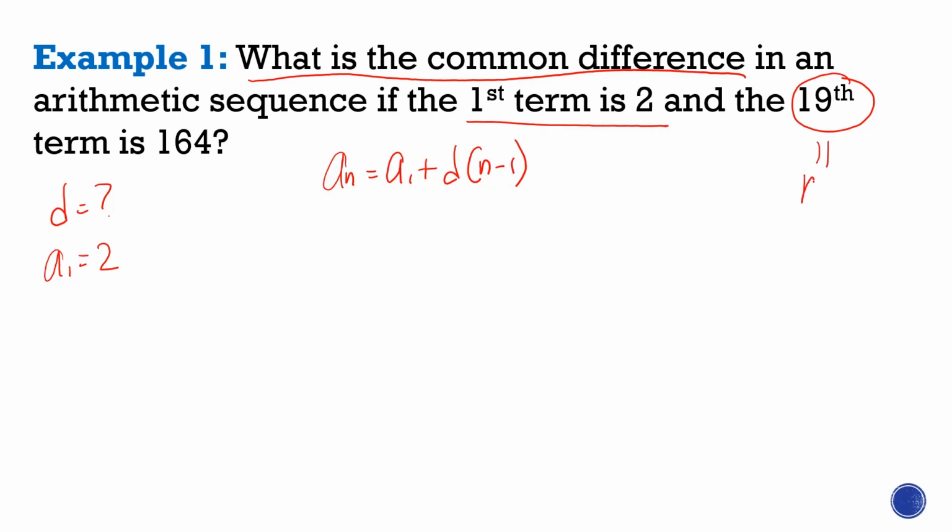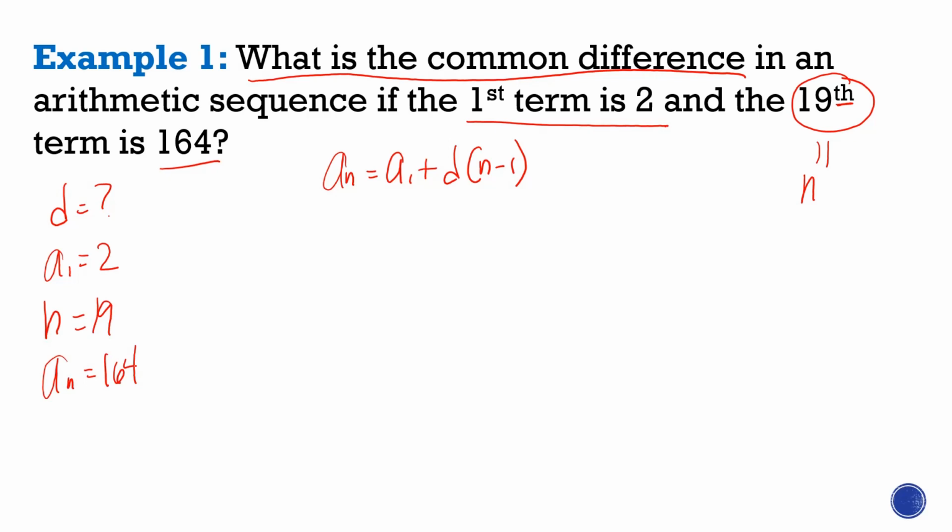That is our n. One way of knowing that that number is n is there's a superscript letter beside that number 19. That signifies that it's your n. And obviously the last number, which is 164, is your a sub n.